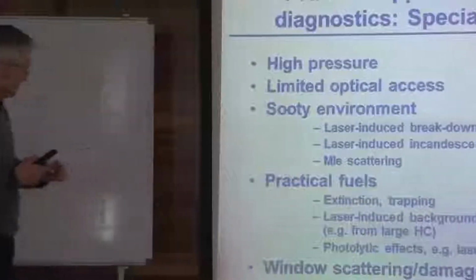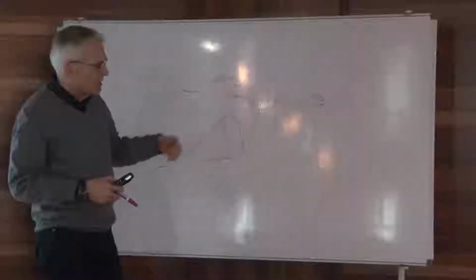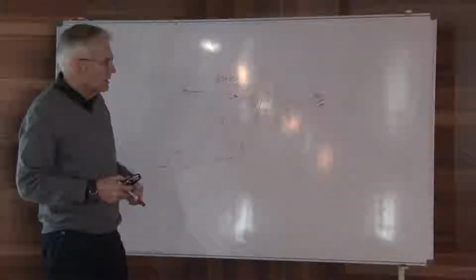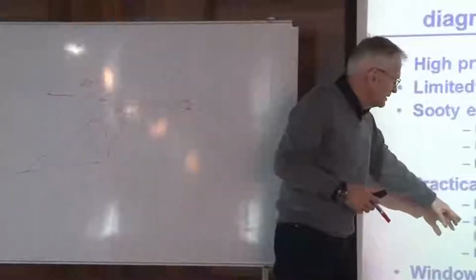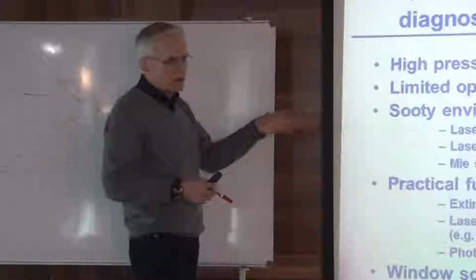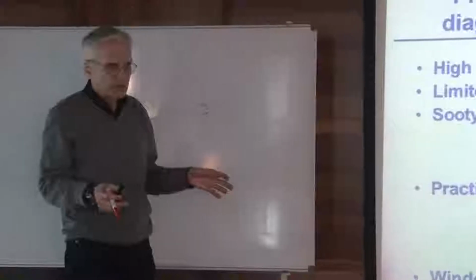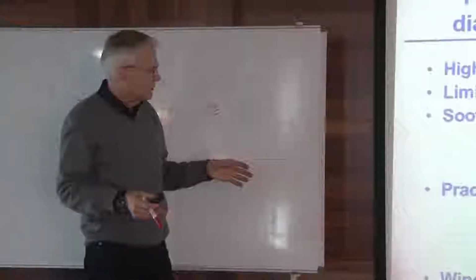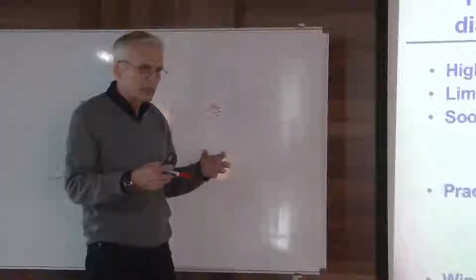So that's another practical problem, that you'll have both extinction and trapping. And you might also have background fluorescence. If I illuminate kerosene or diesel, it gives a huge fluorescent signal. And of course, that signal can swamp my real signal.